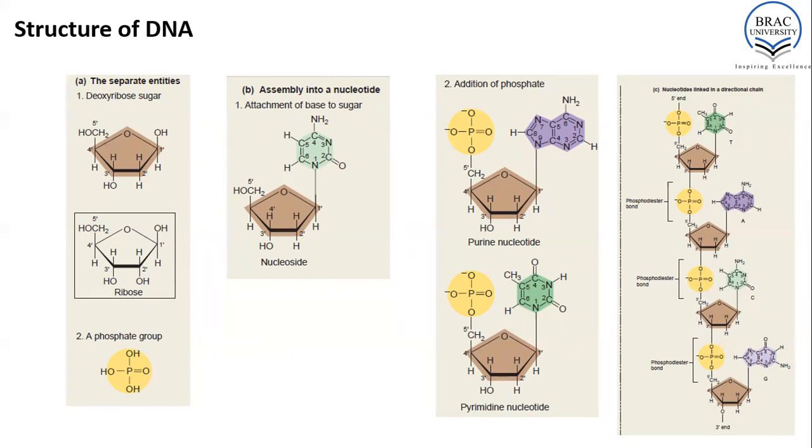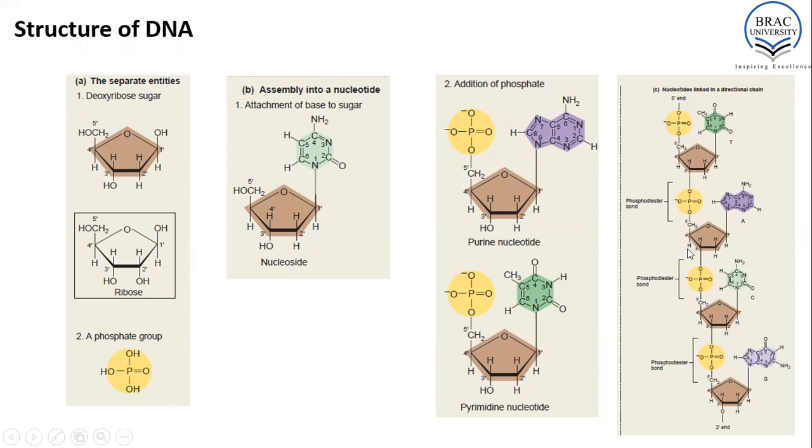DNA is a long polymer composed of subunits known as nucleotides. Each nucleotide consists of a deoxyribose sugar, a phosphate group, and one of the 4 nitrogenous bases of purine or pyrimidine.